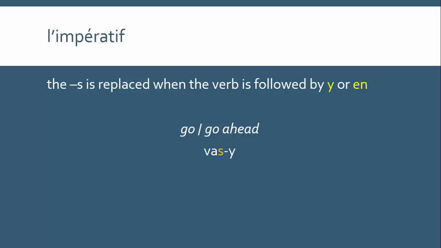But this is why, if you just say va on its own, you have va, but when you add y, meaning go there or just go in general, you have to put an S in, vas-y. Similarly, speak about it is parles-en, parles-en. So on its own, speak is parle, no S. Followed by en, you add the S to make it easier to pronounce.